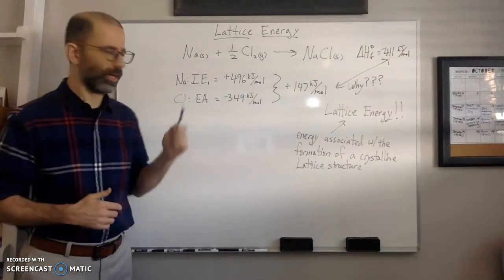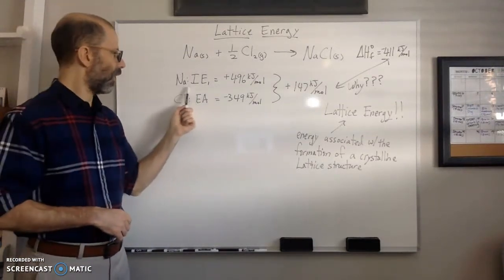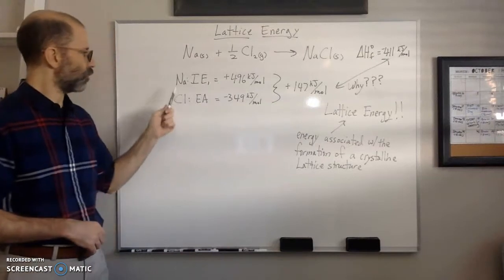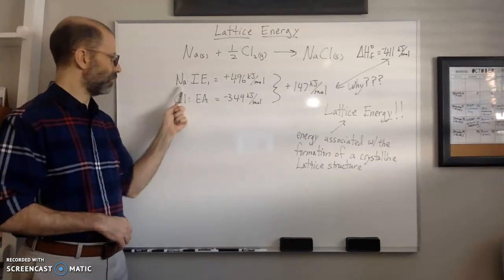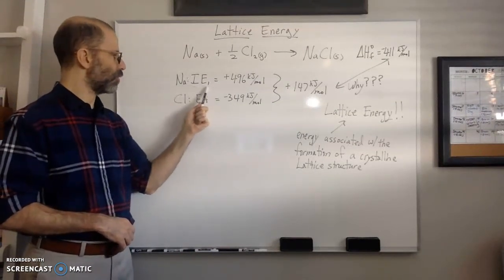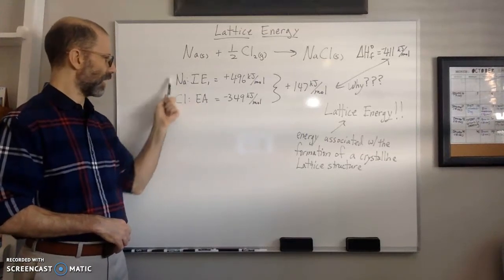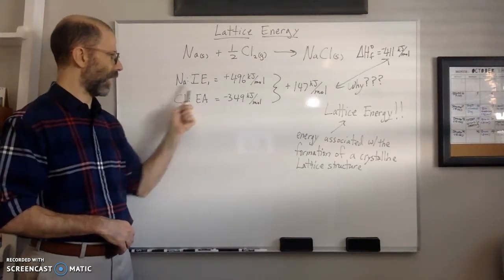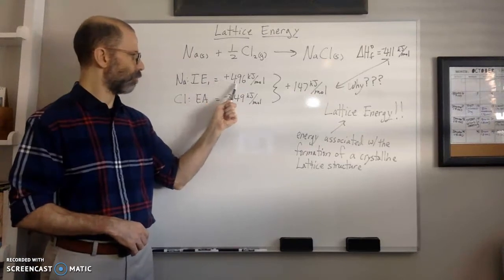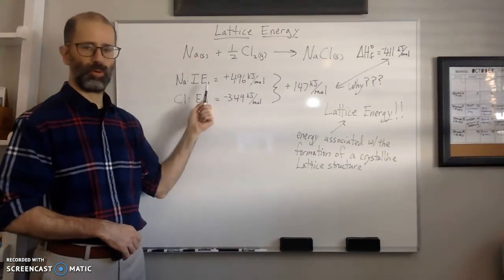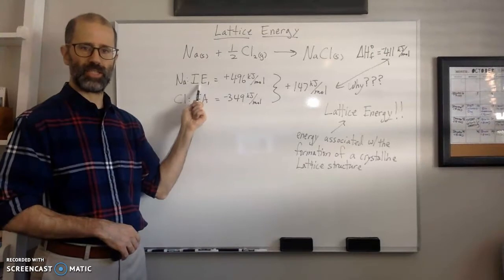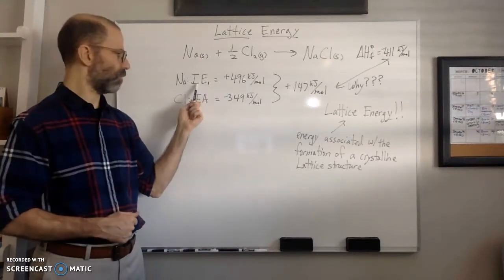But if you look at the actual amount here, for a sodium atom, the first ionization energy to take an electron away from your neutral atom is a positive 496 kilojoules per mole. So it takes energy to take away the electron from sodium.